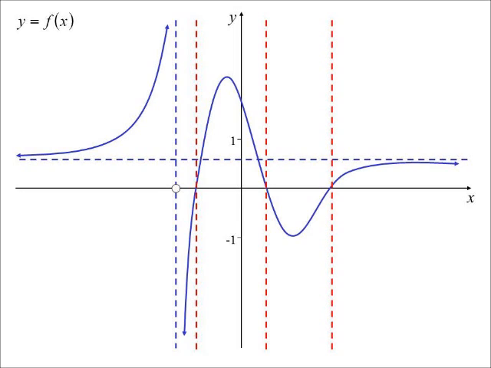I'm substituting into 1 over x. So we end up with a point discontinuity at the origin. So it's like we saw yesterday. If it didn't exist in the original curve, it can't exist in the new curve, because we still can't substitute it in. So on the random graph here, I end up with a point discontinuity at the only x-intercept we'll have, isn't it? We've only got one vertical asymptote.